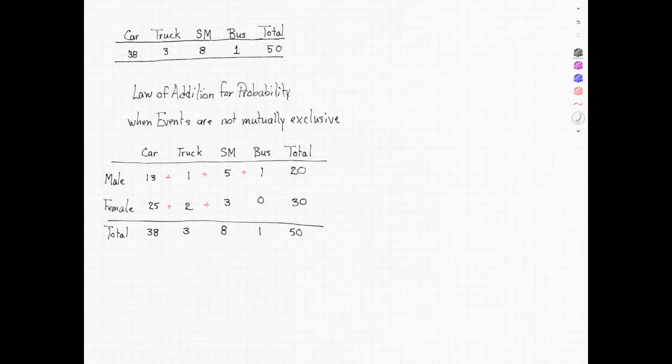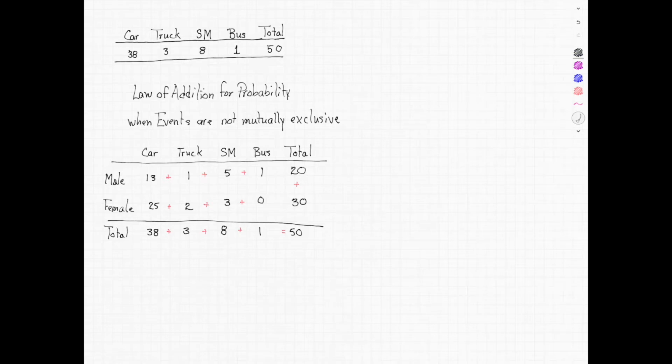So notice we know we made our table correctly because the total of 20 plus 30 equals 50, and then the total on the bottom row also gives me 50. So everything is correct.